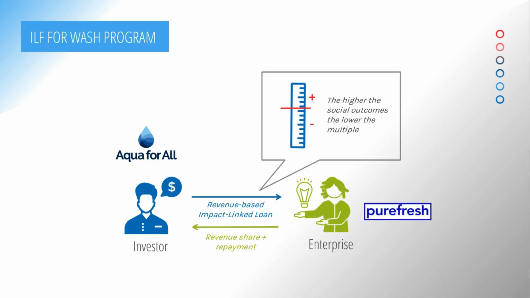For this, PureFresh became part of the ILF for Wash program with Aqua for All and Roots of Impact. A revenue-based, impact-linked loan allows the enterprise to test the container-based sites across multiple regions and in more impactful areas. This, in turn, will enable PureFresh to establish evidence and set itself up for scaling this new solution.